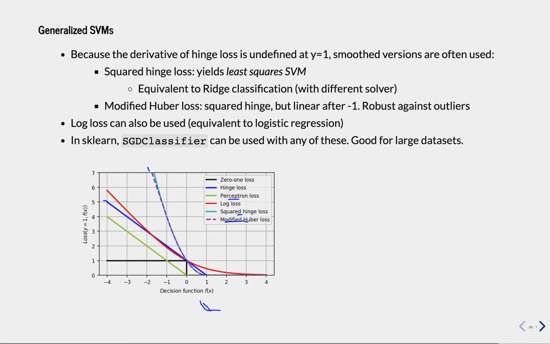Perceptron instead says, I don't care. If you're not sure, I will only add a loss if your point is actually misclassified. So it's exactly the same as hinge, only the hinge happens at 0 instead of 1. Okay, now, is this a good idea? Actually, no, this is not such a good idea, and the perceptron doesn't work so well for that reason.